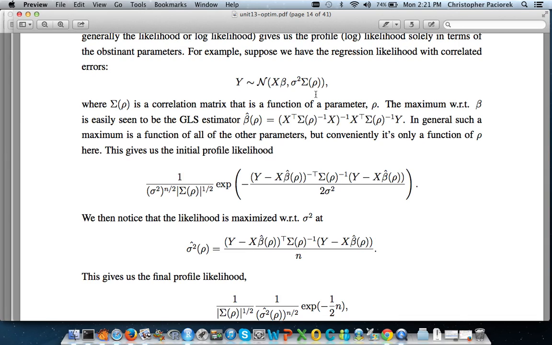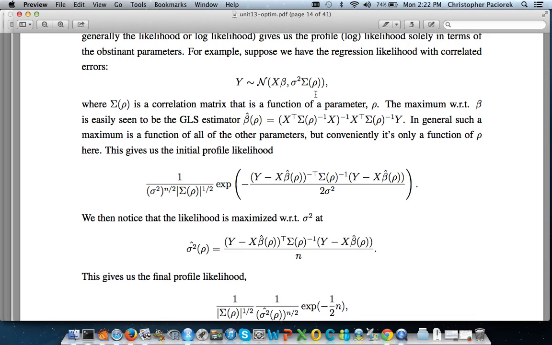So okay, now I have my profiled estimate of sigma squared. Of course, it still also involves rho. So the problem's not done yet, because I don't know what my best value of rho is. But if I now take this value and plug it into my currently profiled log likelihood, plugging in the sigma squared hat here and here, you'll notice the y minus x beta, sigma inverse, y minus x beta, is just the same thing that's up here in the numerator, so that's going to cancel out.